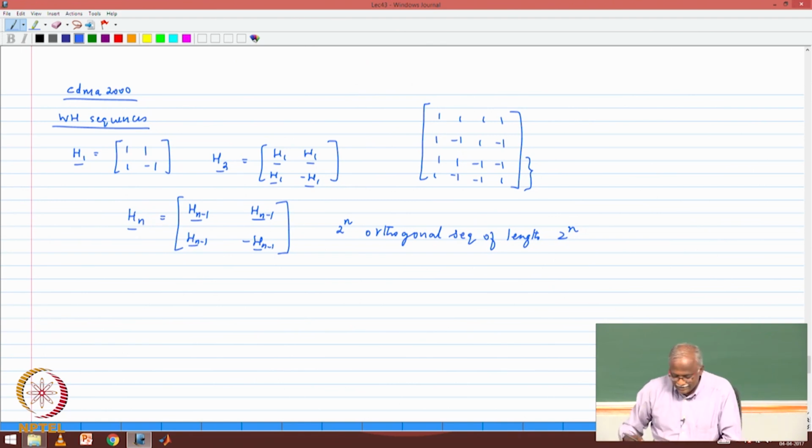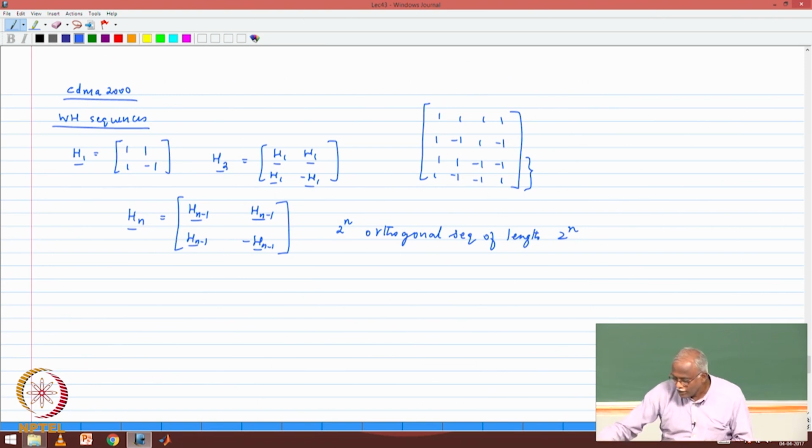So this is also going to be a problem, because multipath is going to be present, and if it so happens that my data comes with a delay of 1, I am going to see a very high correlation with some other user's data. Now here comes the key element.